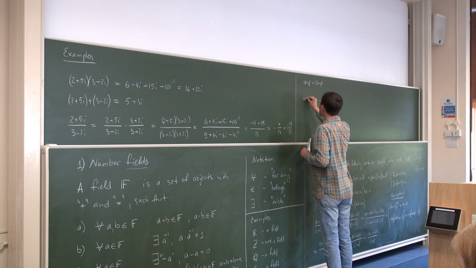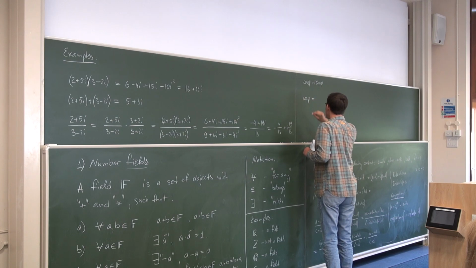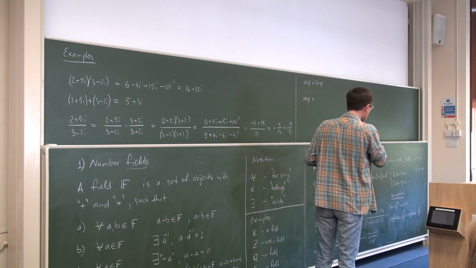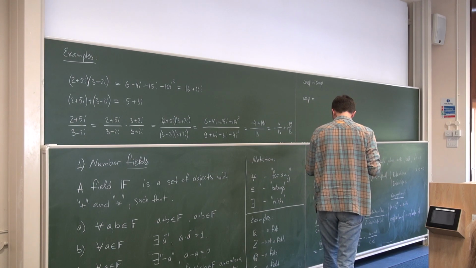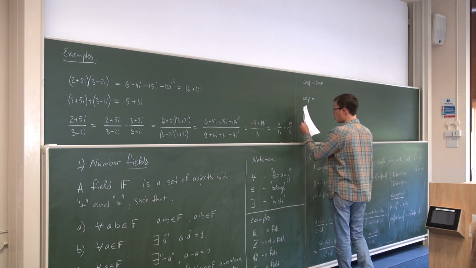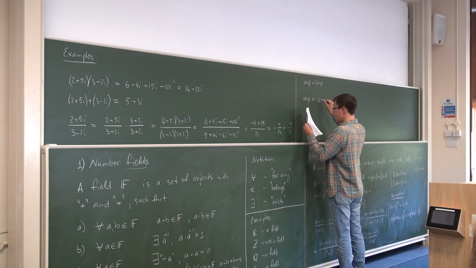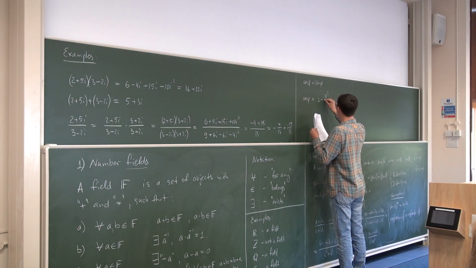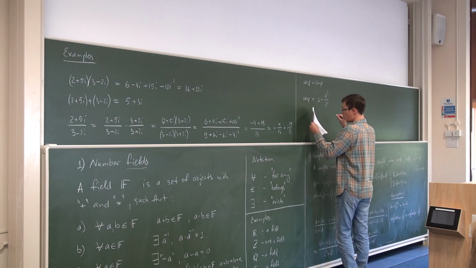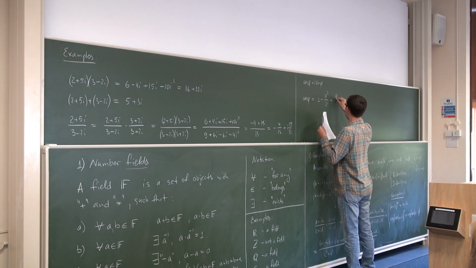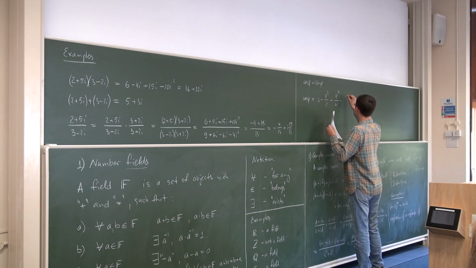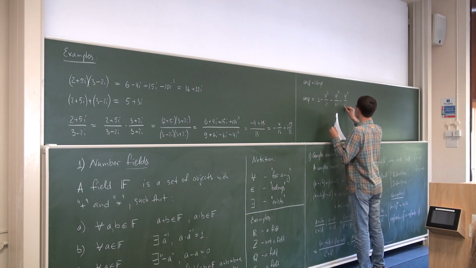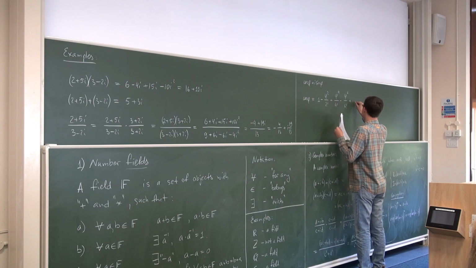If we open a book and scroll to the place where it has power series for the functions, the book will tell us that cosine phi is 1 minus phi squared over 2 factorial plus phi to the fourth over 4 factorial minus phi to the sixth over 6 factorial, and so on.